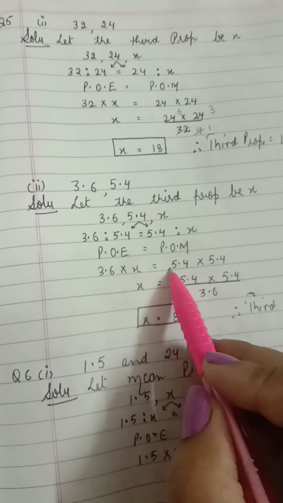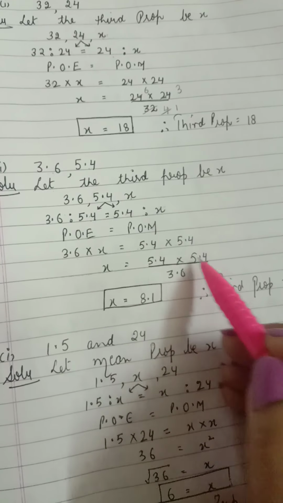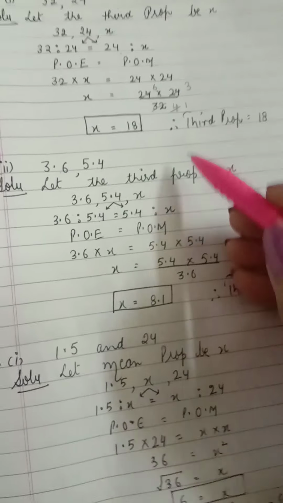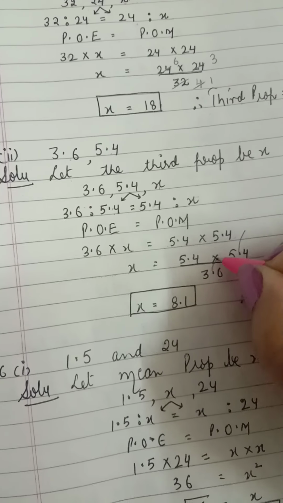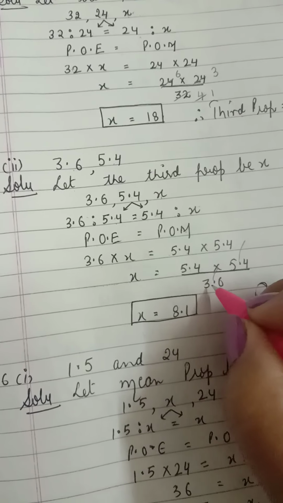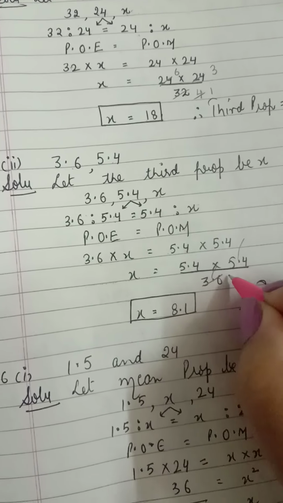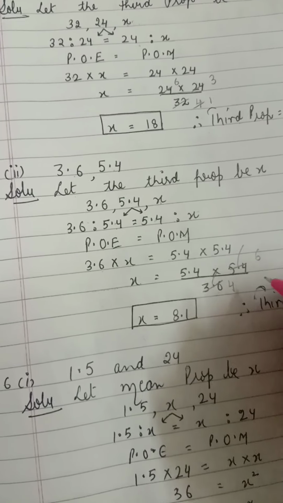Product of extremes is equal to product of means. 3.6 into x is equal to 5.4 into 5.4. x is equal to 5.4 into 5.4 upon 3.6. Now we'll remove the decimal from the numerator and denominator, because there's one digit and it gets cancelled. Now we can cut with any number here. I'm cutting it by 9. 9 4s are 36. 9 6s are 54.